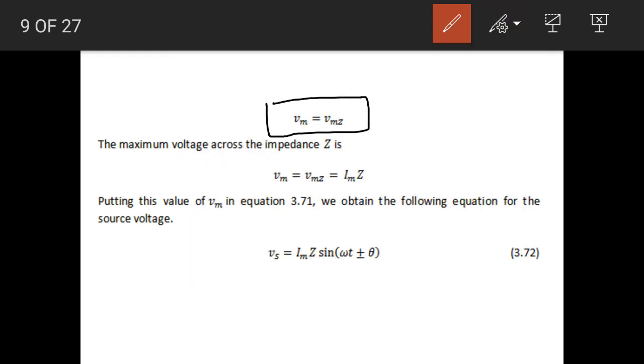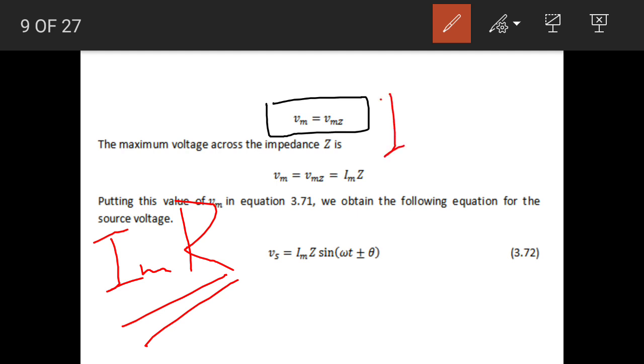We know that the maximum voltage across the resistor is equal to IMR. So if you know the maximum value of the current in the resistor and the resistance of the resistor, we can find out the maximum voltage across the resistor. Similarly, the maximum voltage across the inductor is equal to IMXL.